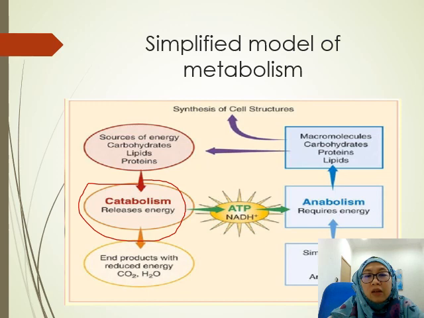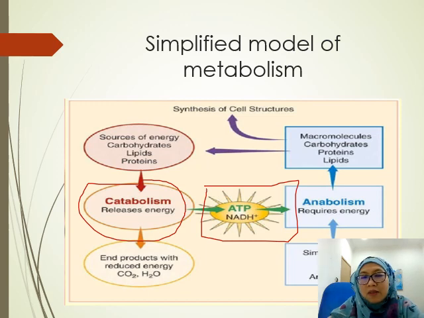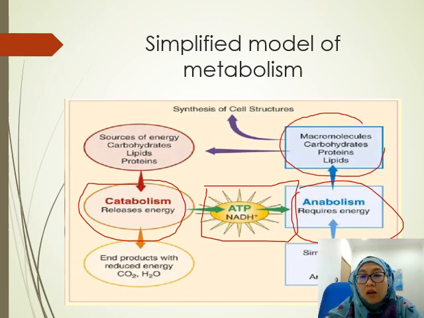During catabolism, energy is produced, and other products are also produced from the process, and this energy is then used for the anabolism process. Anabolism requires energy. Anabolism is the process of forming big macromolecules from simple molecules.